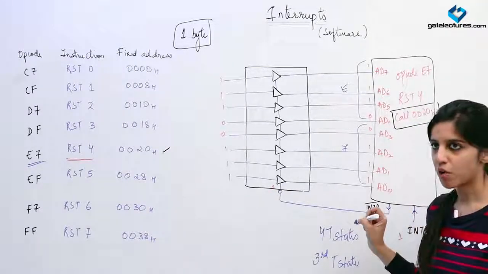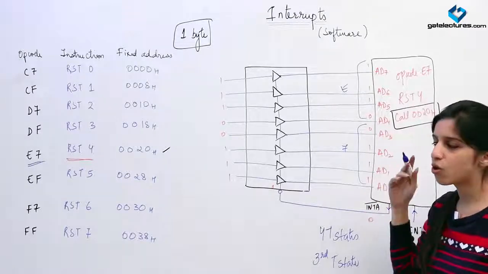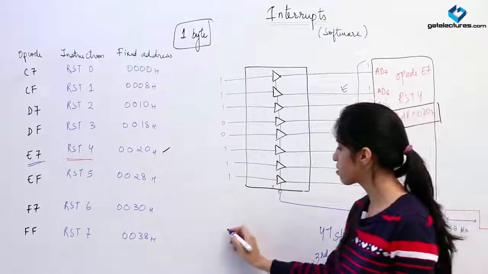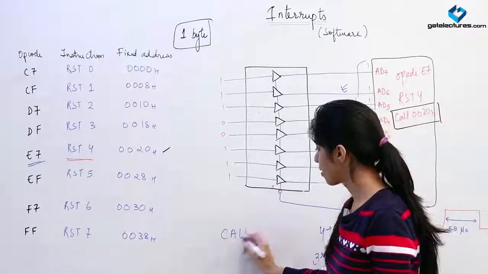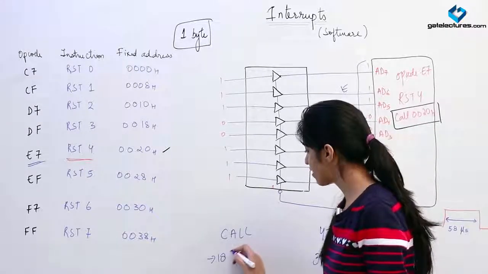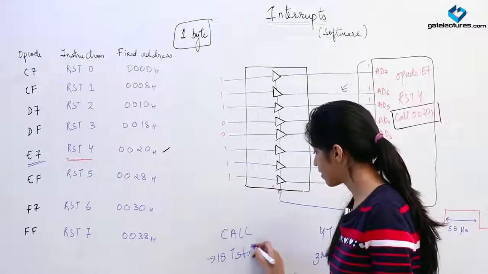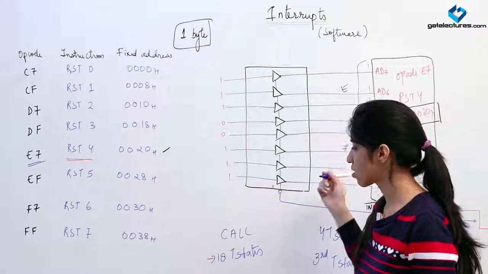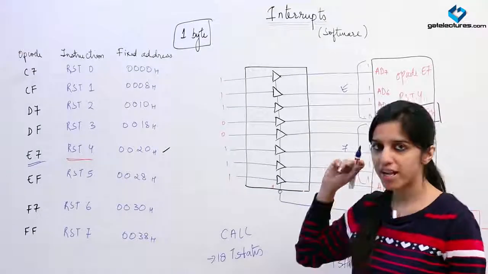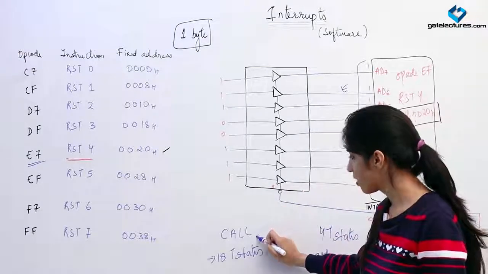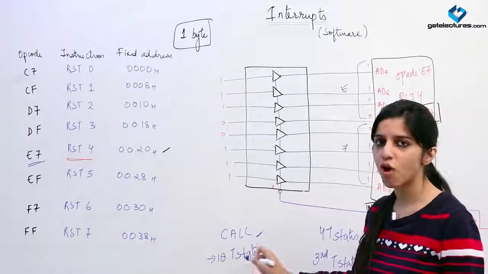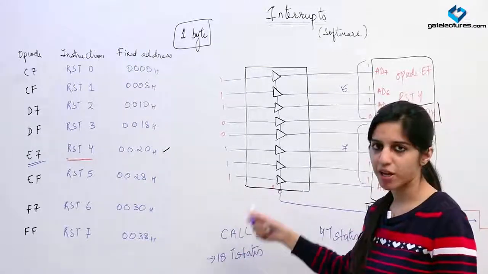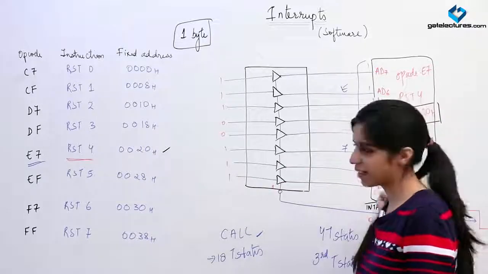there or not. The longest possible instruction in the 8085 is call. Call has 18 T states, and it is the longest instruction. So if by any chance call has come, before the finishing of the call instruction, before the 18th T state, the microprocessor is going to check for INTR.